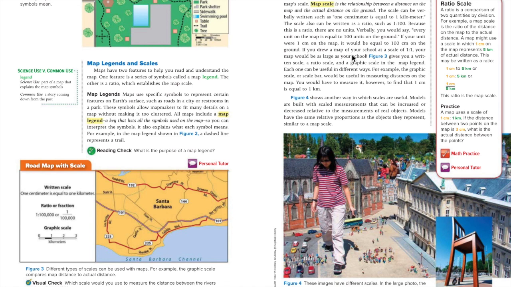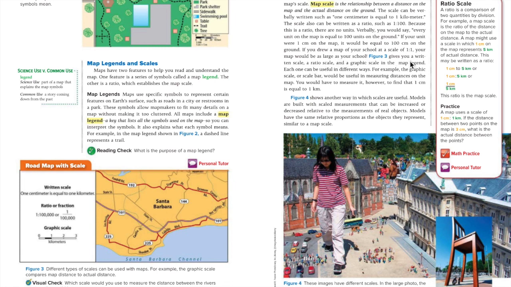The scale can also be written as a ratio, such as 1 to 100, because in this ratio there are no units. So verbally you would say every unit on the map is equal to 100 units on the ground. If your unit were 1 centimeter on the map, it would be equal to 100 centimeters on the ground. If you drew a map of your school at a scale of 1 to 1, your map would be as large as your school.